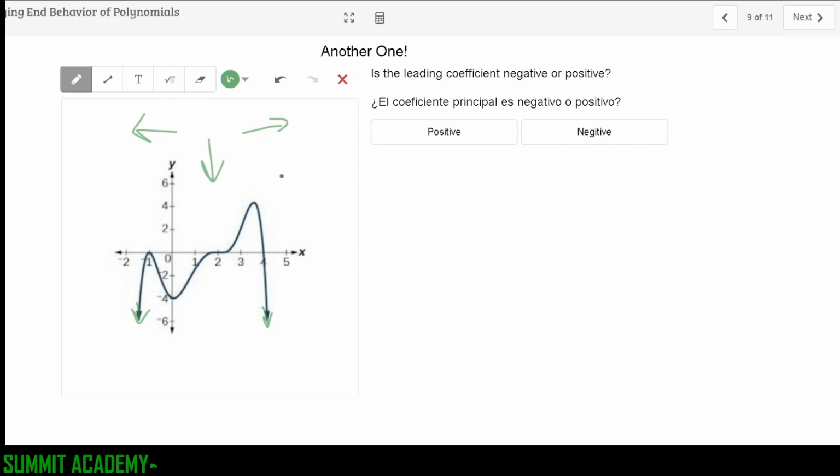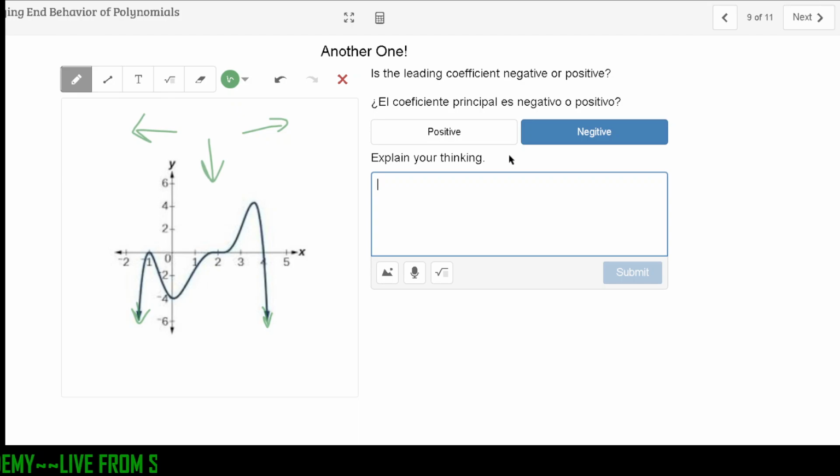So that means our leading coefficient is going to be negative. So we can say as x approaches positive or negative infinity, y approaches negative infinity, which matches up with what we have in our little table.